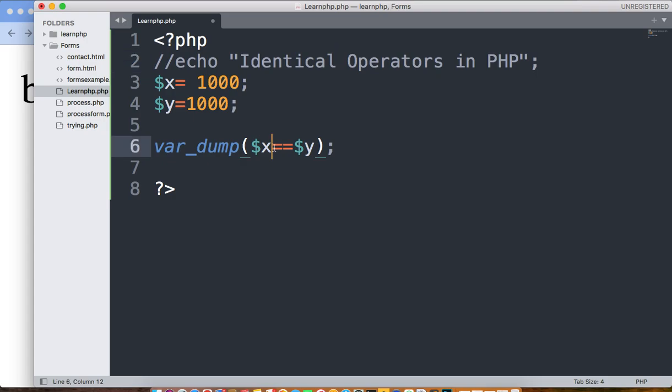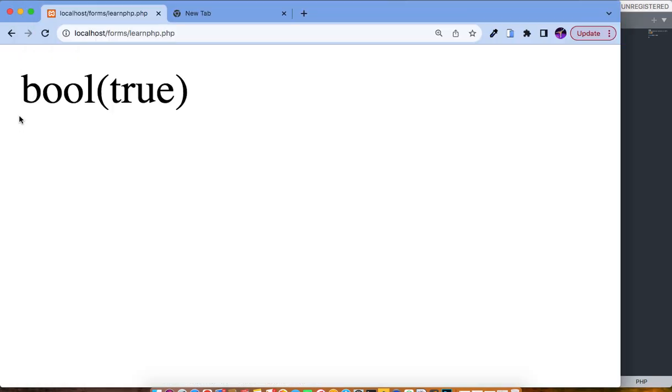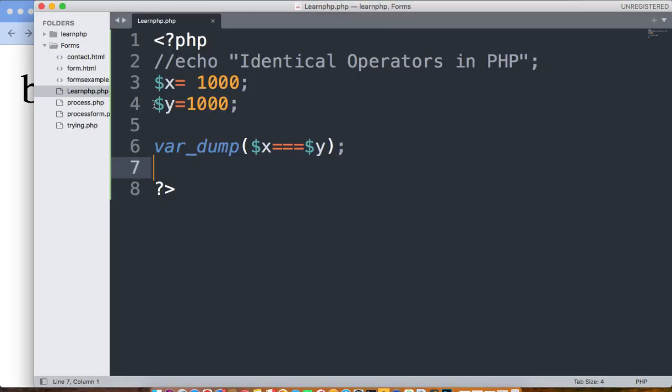So let's see if identical. We're going to use three equal signs. Remember that this one requires three equal signs. If we put it and refresh, it's still giving us true because both of them are of the same data type. Let us put a string here.